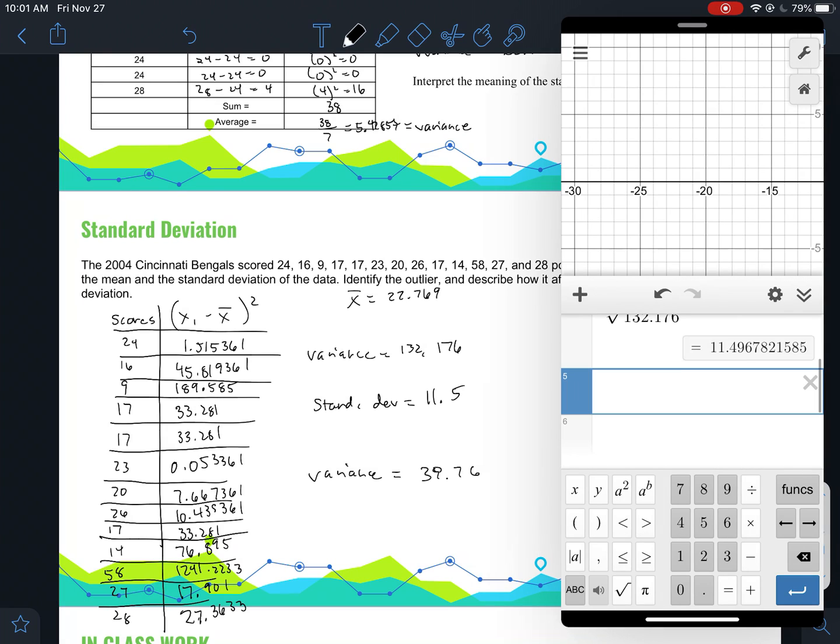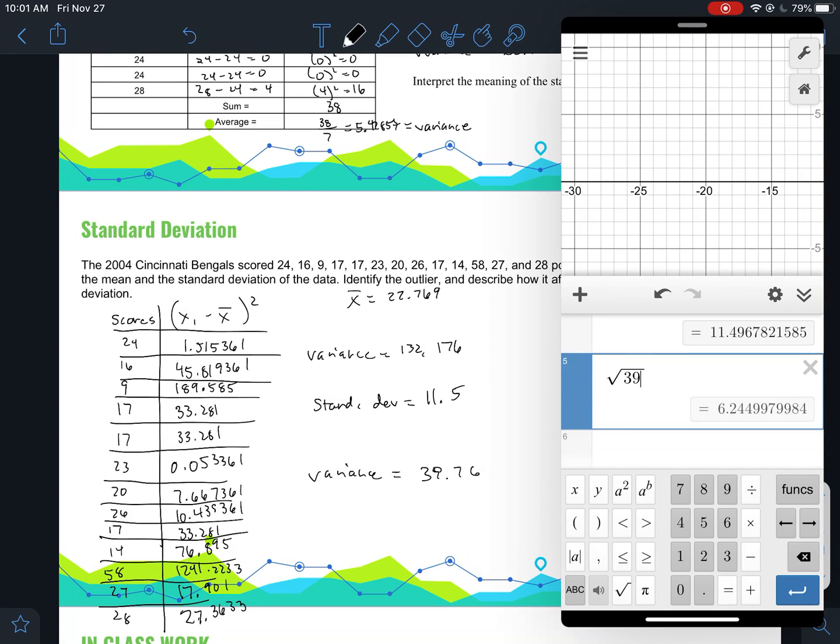We'll round up. And then if we took the square root of that, my standard deviation, if I got rid of the outlier, would be 6.3.